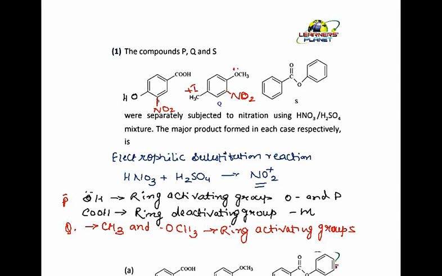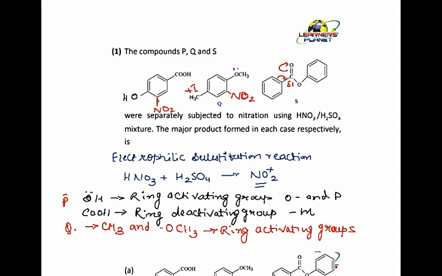Now let's take up the S1. Now see students, here in this case, to one ring there is a carbonyl group bonded, right? Now this is again a ring deactivating group. Why? Because oxygen being more electronegative takes up the electron of this double bond. There is a slight positive charge created here at the carbon atom, so the electrons move out.